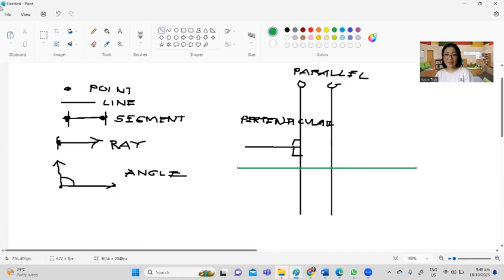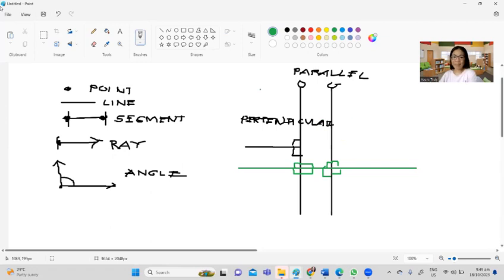How many do you think? All right, 1, 2, 3, 4, wow. And then this one in here, so we got 5, and this one in here, 6, then this one in here, 7, and this one in here, we got 8 perpendicular lines.